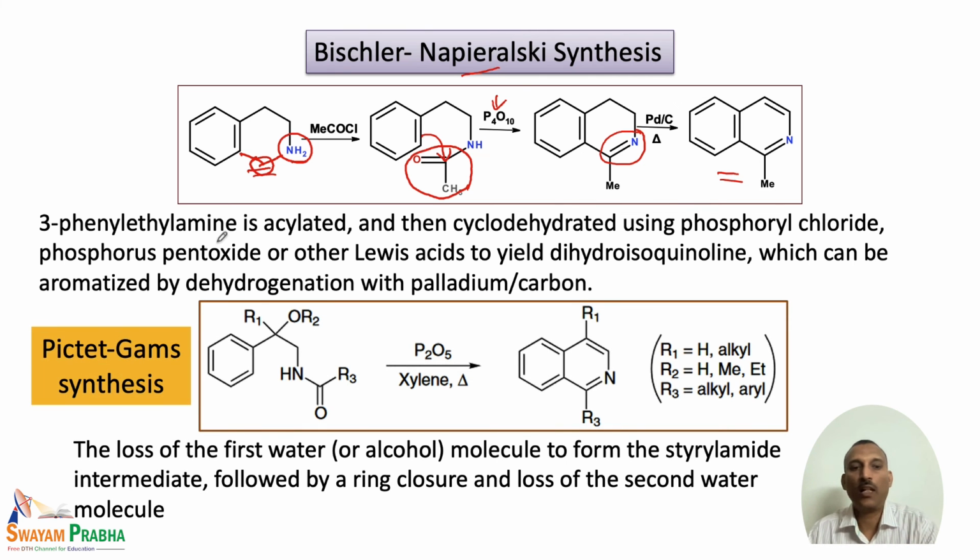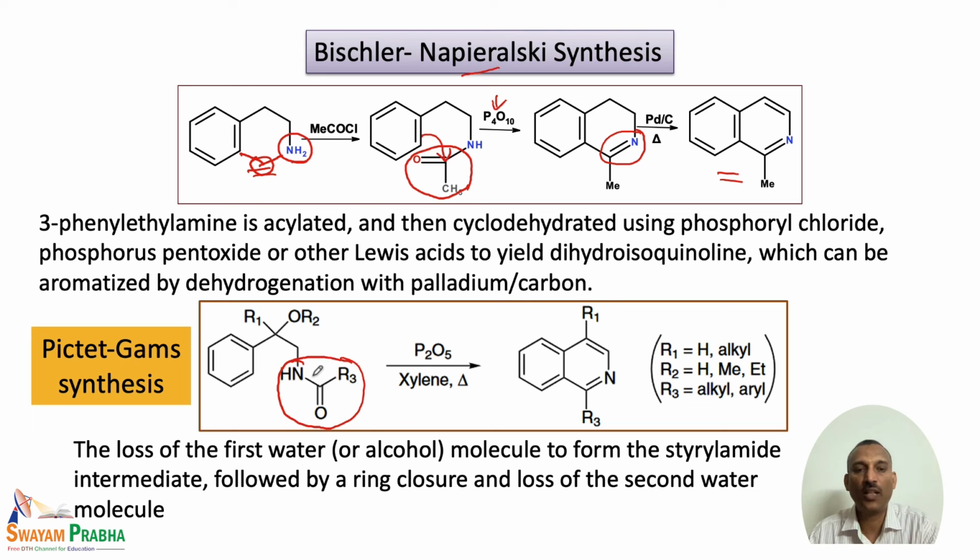Another one is the Pictet-Gams synthesis. In this reaction, if we look at this particular intermediate, this is the amino unit, and this is nothing but the same β-phenylethylamine unit, which is acylated, and this is the corresponding acylated unit.